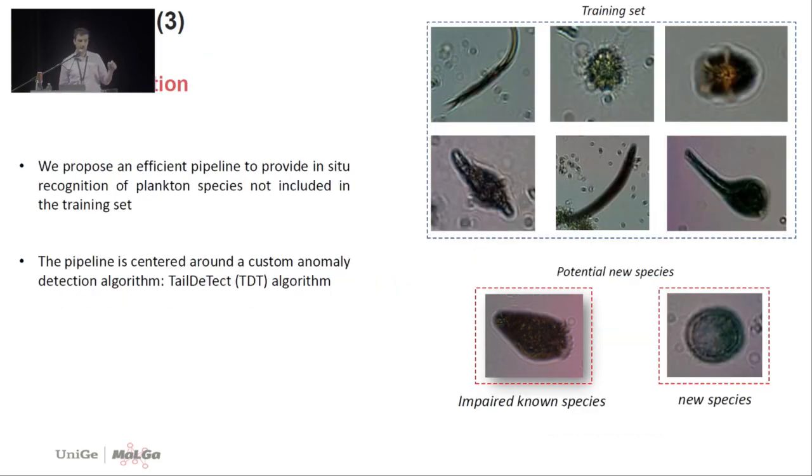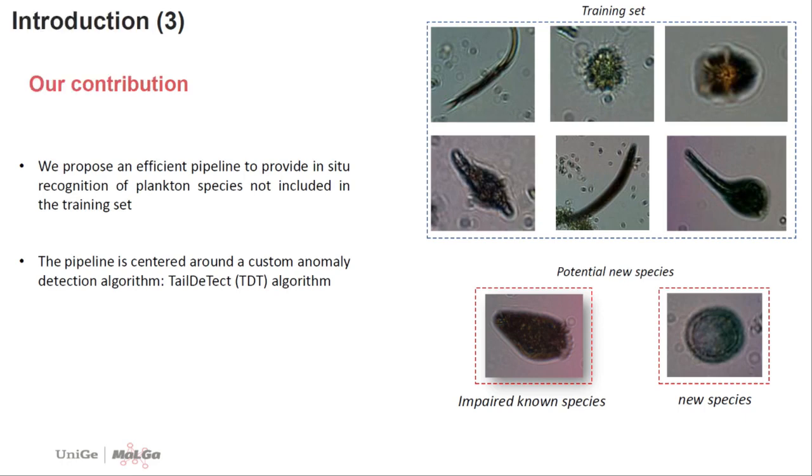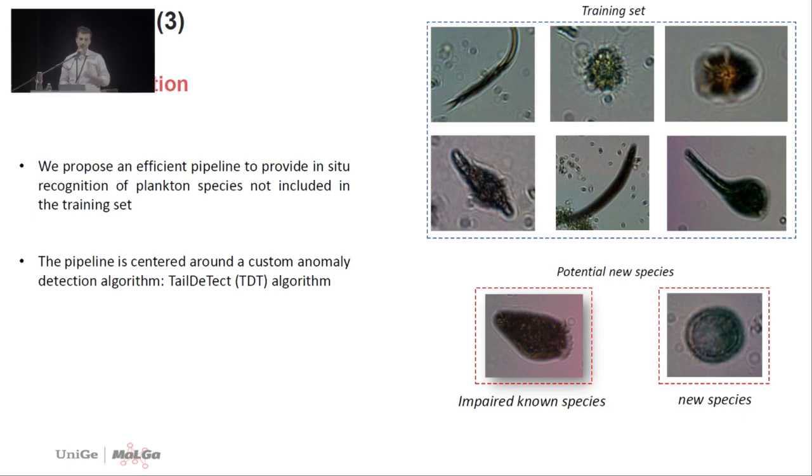In this context, we propose an efficient pipeline to provide in situ recognition of plankton species not included in the training set. These plankton species could be an actual unknown species, and this is quite likely because there exist on average 4,000 possible species. Of course, some of them are more concentrated in certain places than others.